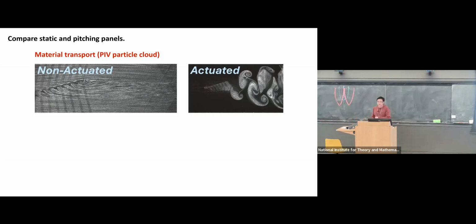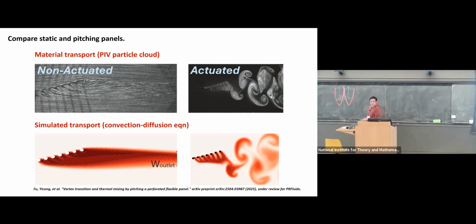As I said, the fish gill is for material transport. So let's think about these structures releasing carbon dioxide, for example. After I get the velocity field from these experiments, I can put that into a simulation to calculate what the concentration of material would look like, using a convection-diffusion equation.